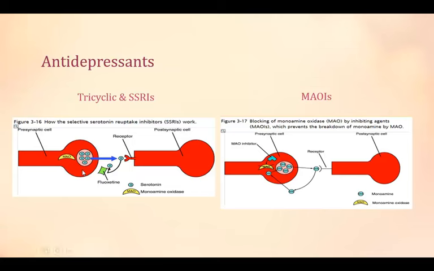This cycles back, and the MAO destroys the extra serotonin. So what the inhibitor does is it stops the MAO right here from destroying the extra serotonin, and it allows it to re-enter the presynaptic cell and be utilized again.